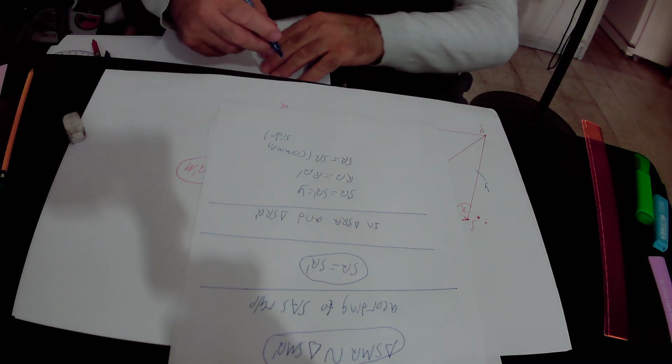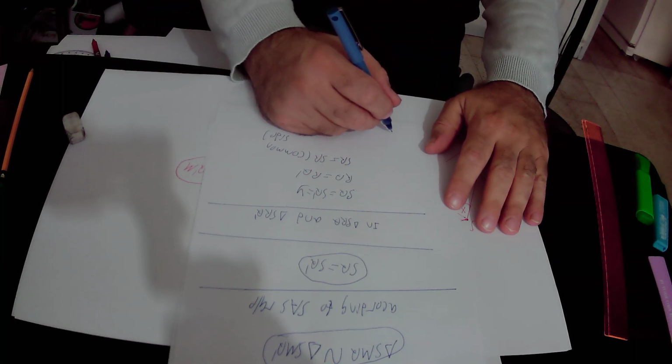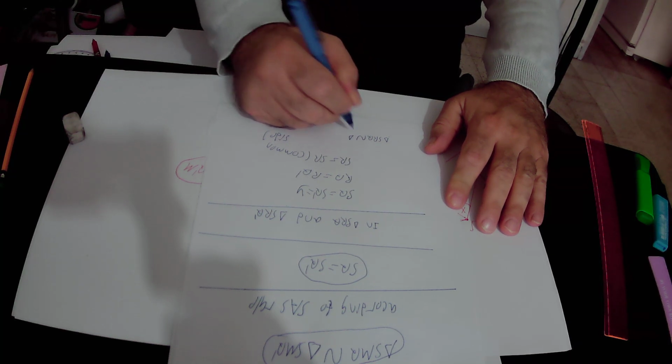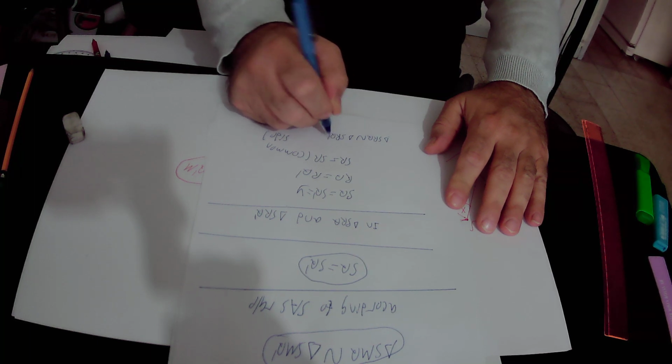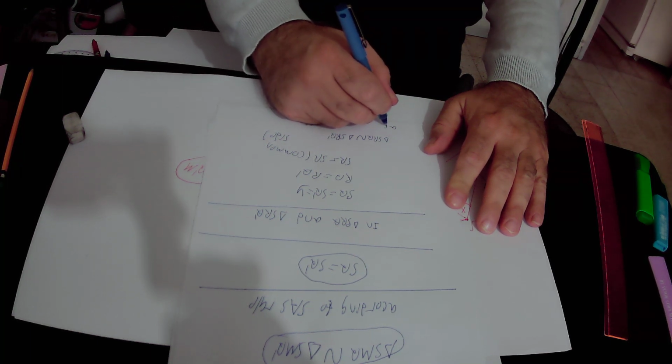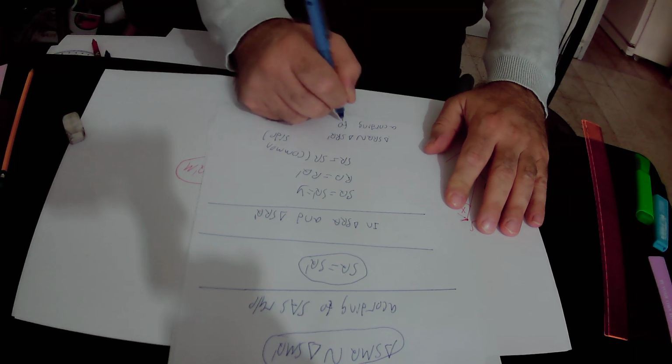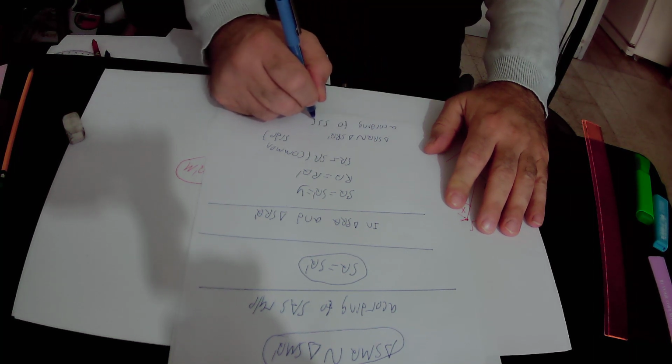So triangle SRQ is congruent to triangle SRQ dash according to side rule.